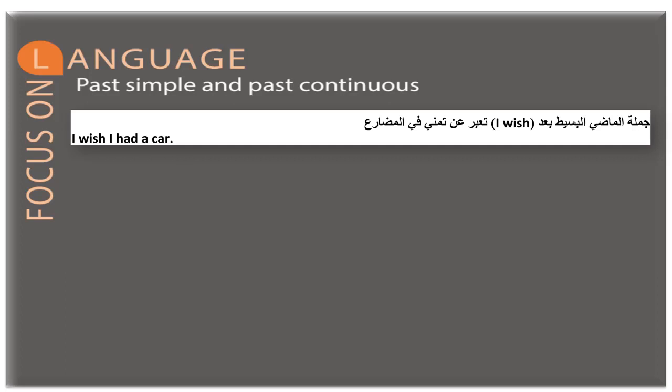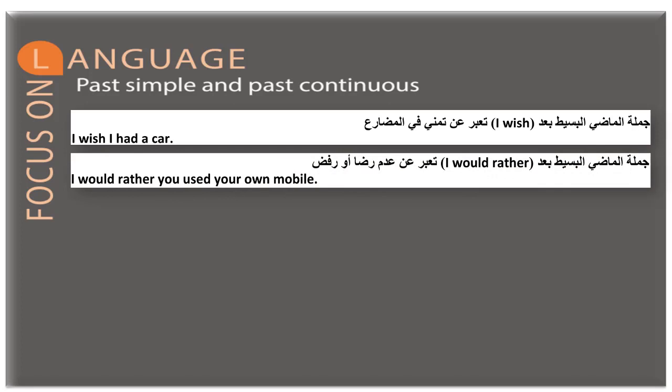So I wish I had a car. الماضي البسيط برضو بستخدمه بعد عبارة I would rather أو ممكن نقولها I'd rather, ودي بتعبر عن عدم الرضا أو الرفض لشيء يحدث now الآن. So I'd rather you used your own mobile.